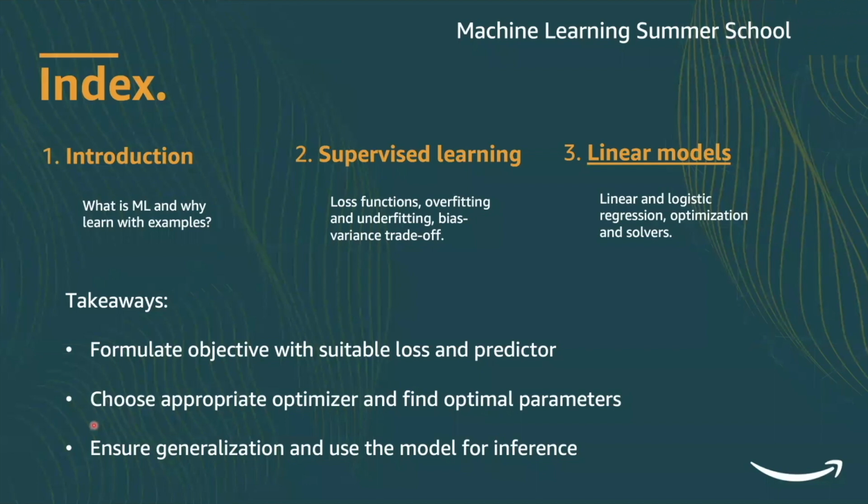So the summary is we find suitable loss and predictor, and an appropriate optimizer, and solve for the optimal parameters, paying careful attention to generalization, and use the final model for inference.